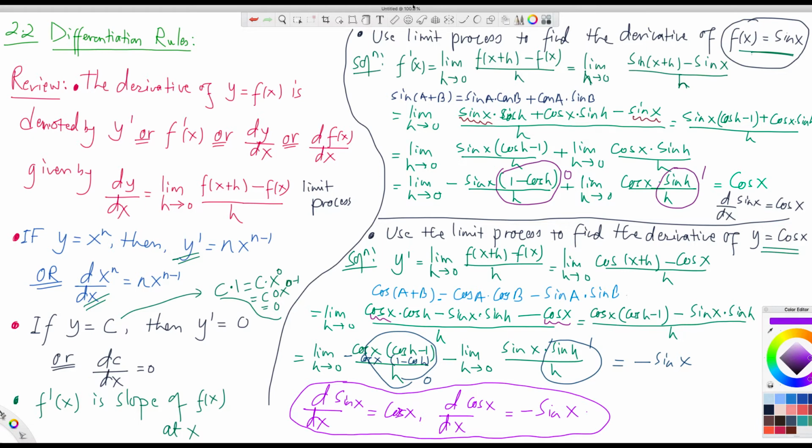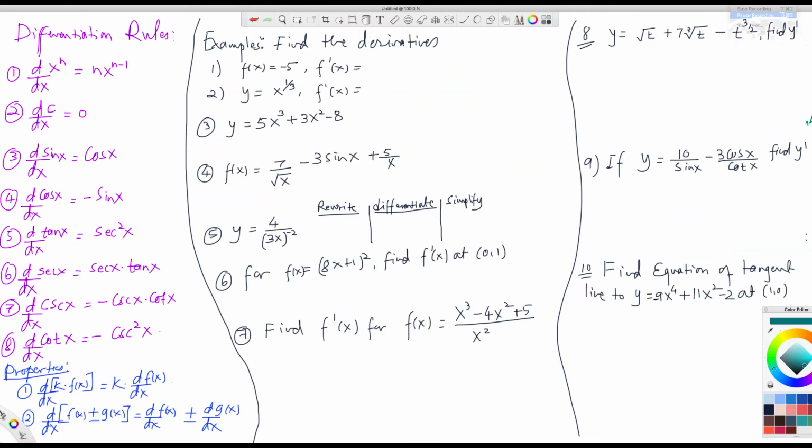Okay guys, let us first list all the formulas that we have so far. The first formula is the power rule. The power rule says that the derivative of x to the n is n, that goes to the front, and then x to the n minus 1.